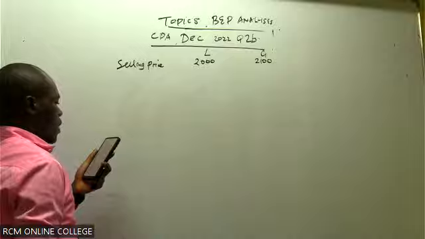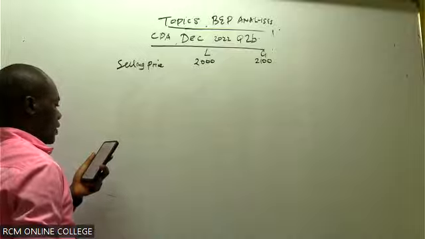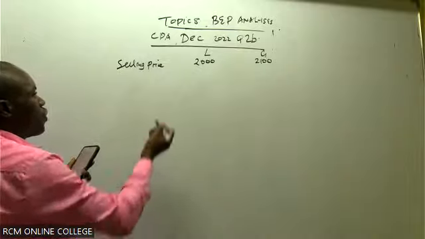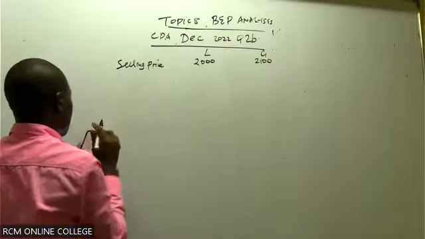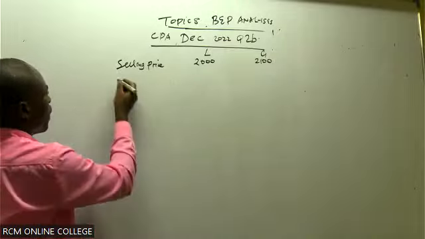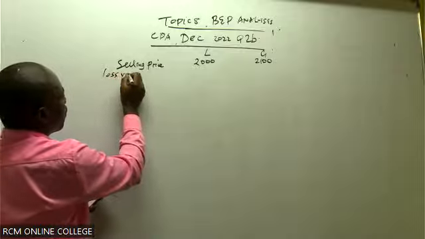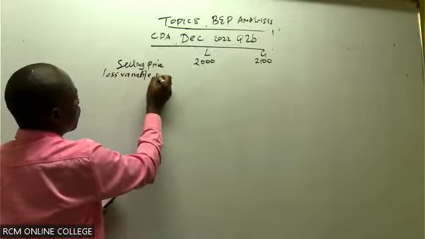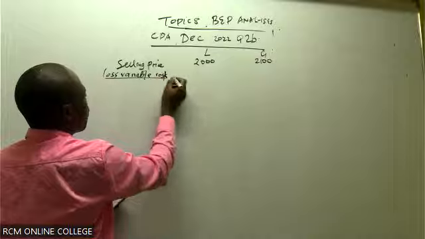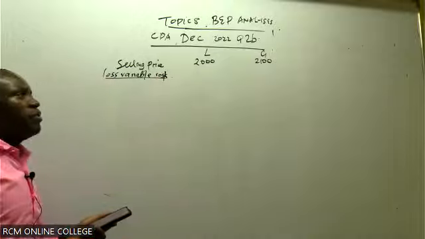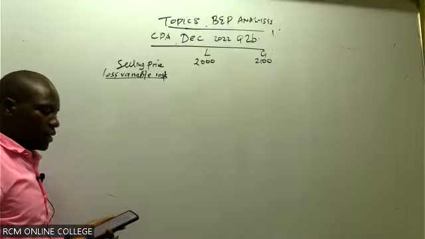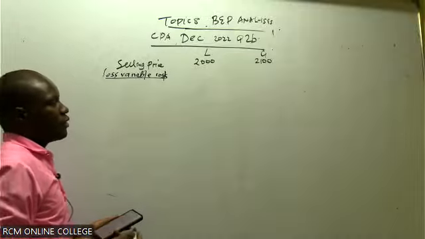Then we are given variable costs per unit. You can decide to push all of them one by one, or you give just a total of variable cost. Remember, I'm giving you a format whereby you'll be able to get everything at once.